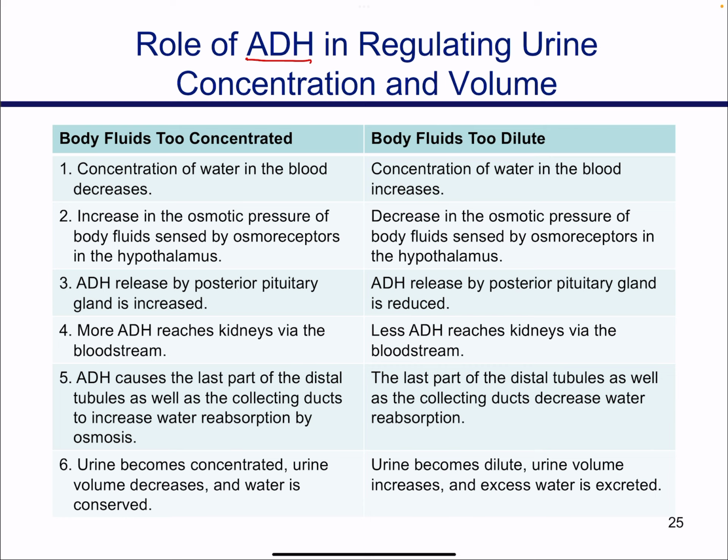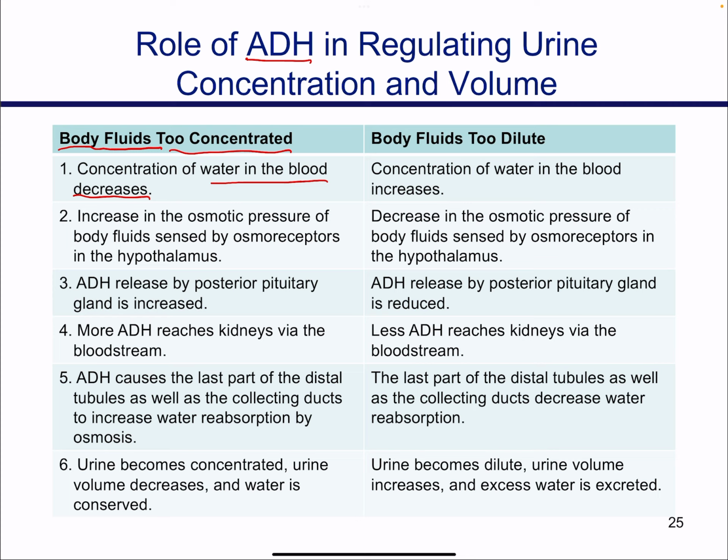So now, when the body fluid is too concentrated, you need water in the tissues, all right? So water concentration in the blood is going to decrease when the body fluid is too concentrated, right?